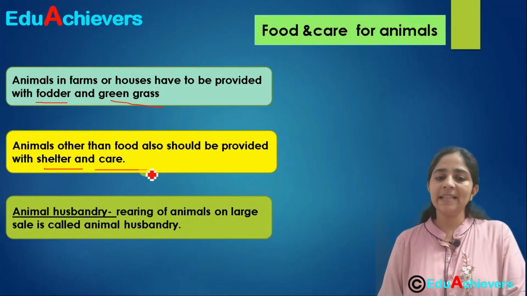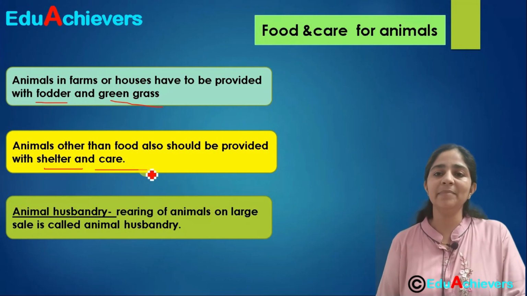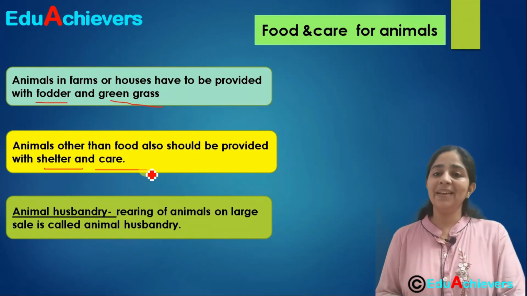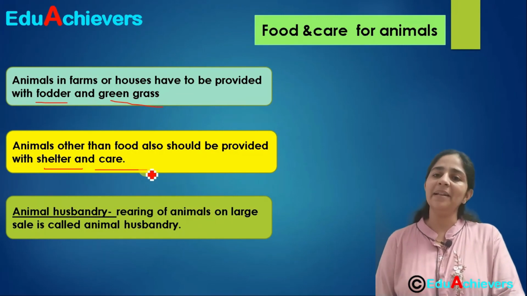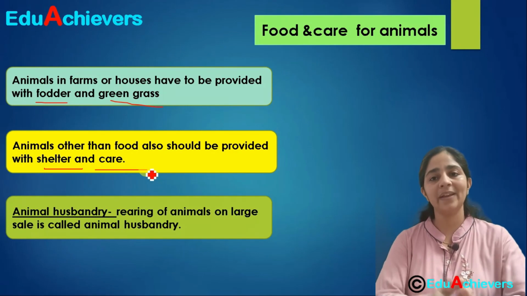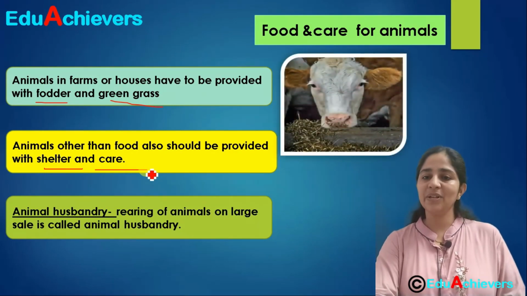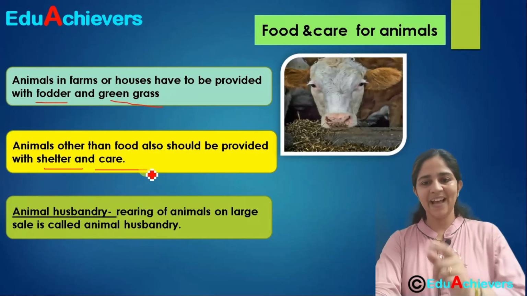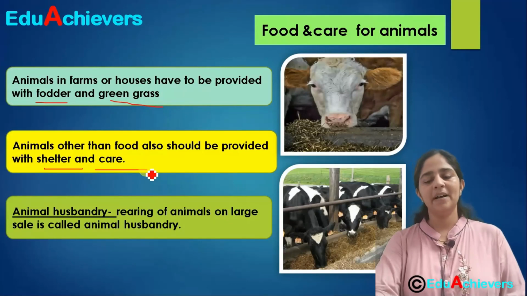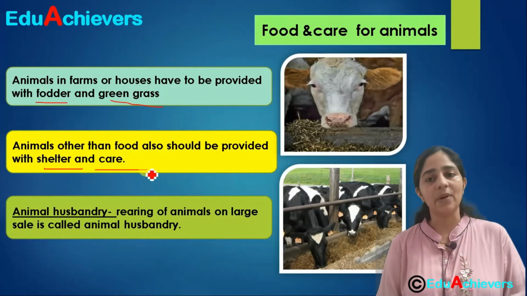Okay, and this proper way of keeping animals, rearing them in a large number and taking good care of them, is called animal husbandry. This is one of the branches of agriculture. Fine, so that's all for today. If you have any question, you can ask. You can see this cow is being provided fodder. Here the cows have been kept properly in a field, and they have been provided dry fodder.